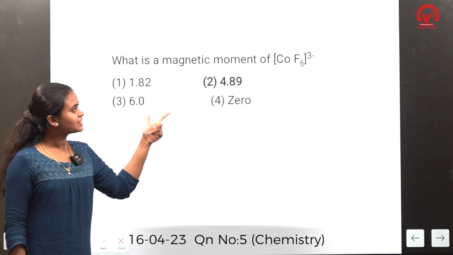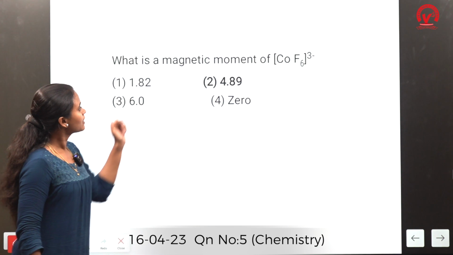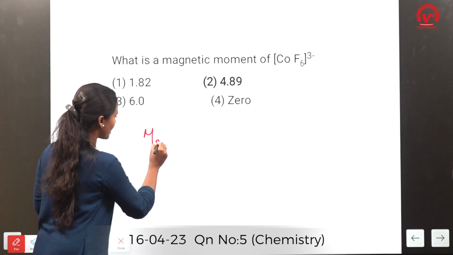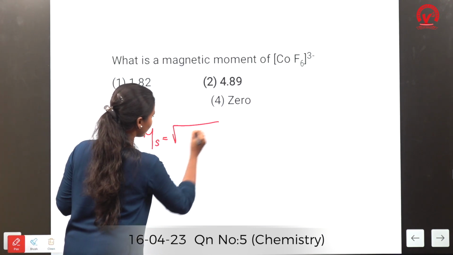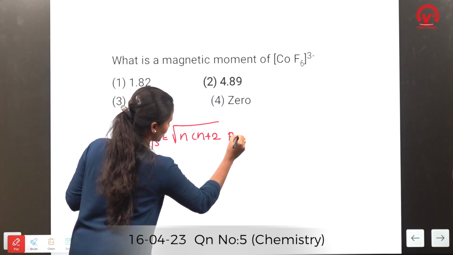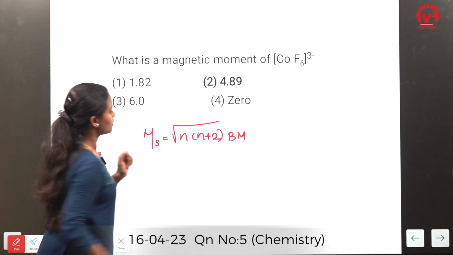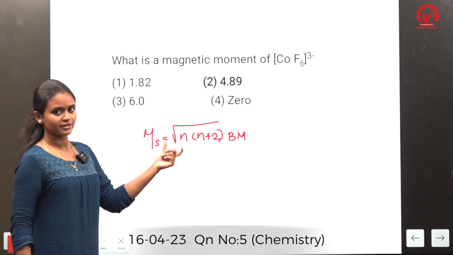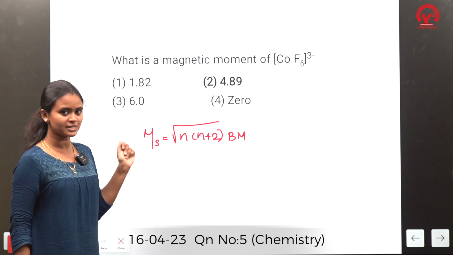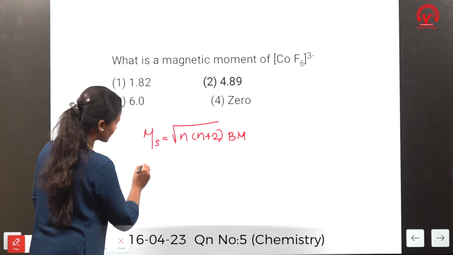What is the magnetic moment of the hexafluorocobaltate ion? Here the magnetic moment formula is mu_s equal to root of n into n plus 2 Bohr magneton. First, we want to know what n is. n is the number of unpaired electrons present in the central metal ion. Here the central metal ion is cobalt 3 plus.